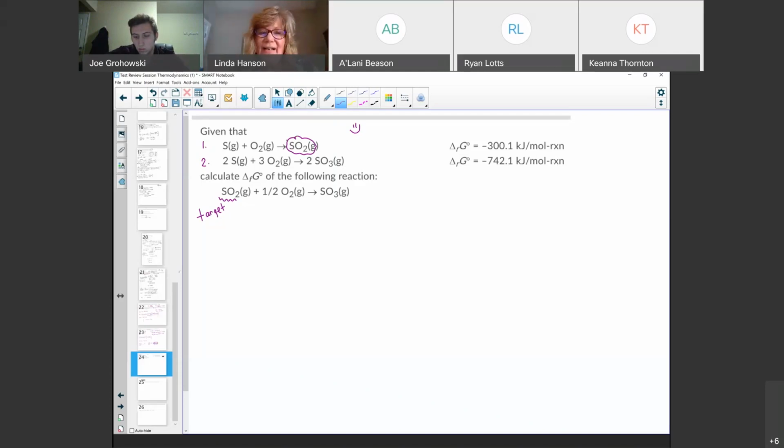It's on the wrong side of the arrow, so we're going to have to reverse that direction. When we do so, we flip the sign of the delta G. So if I rewrite SO2 pointing at S plus O2, its delta G is now positive 300.1 kJ.